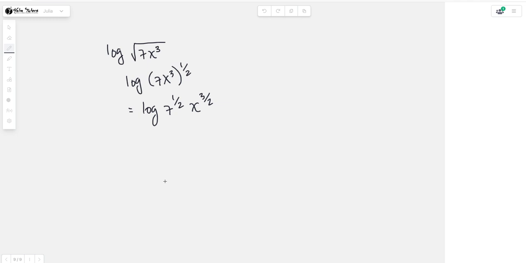But then we need to continue. How exactly? Keep talking. Well, yeah, you can't do it without a calculator. But big picture, what rule can we apply? What's happening between these two guys?